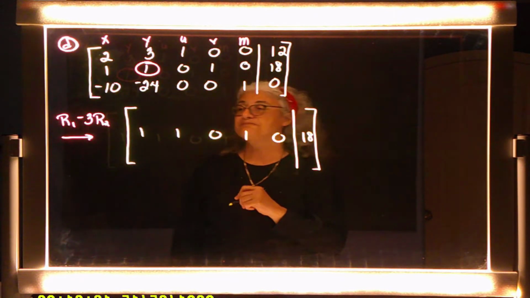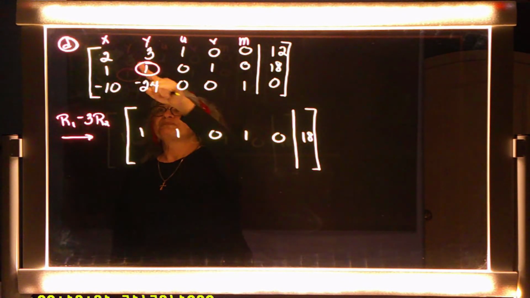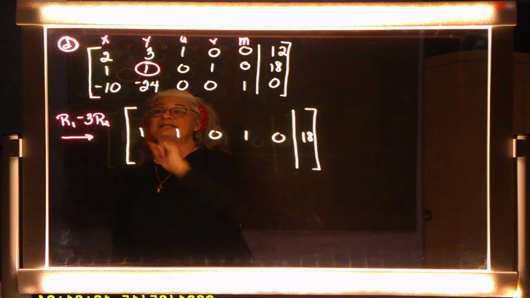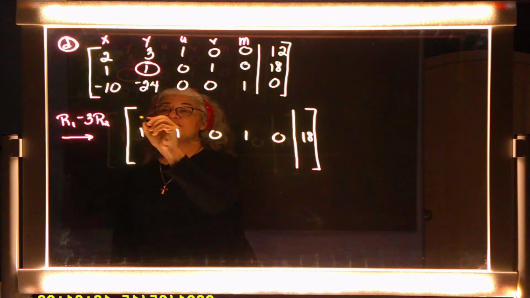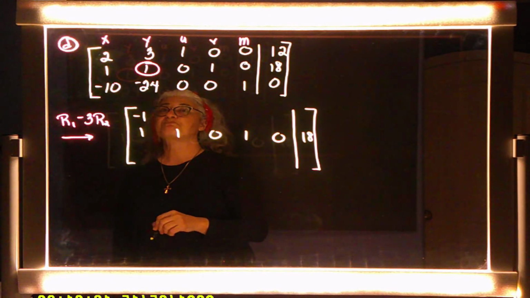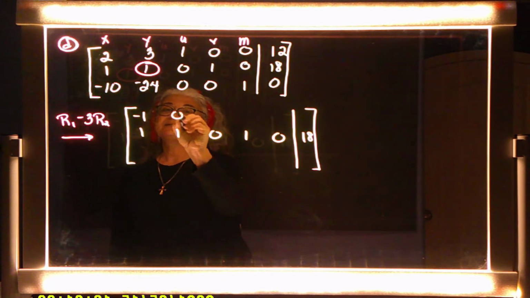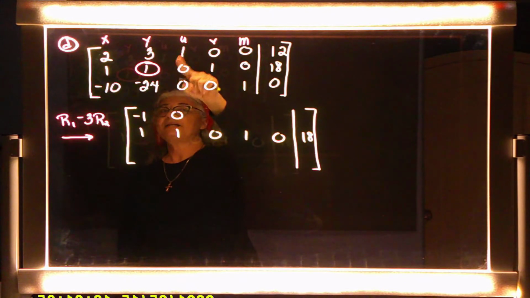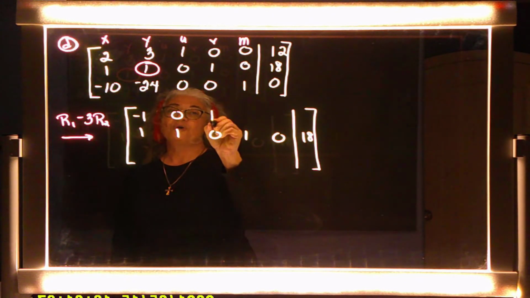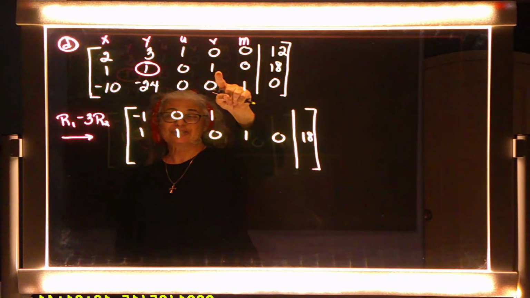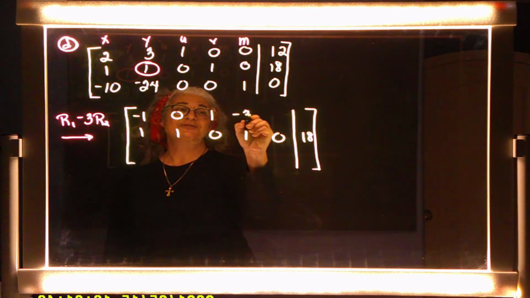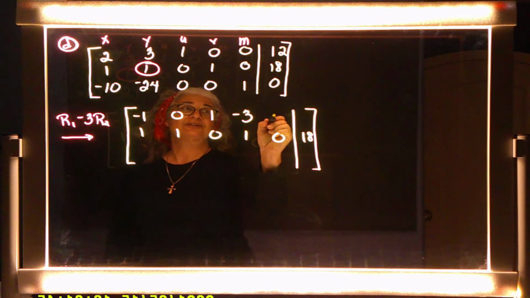That solid line. All right, so 2 minus 3, because we're multiplying the second row by 3. So 2 minus 3, negative 1. 3 minus 3, that's a 0. 1 minus 0 is 1. 0 minus 3 is minus 3. 0 minus 0 is 0.